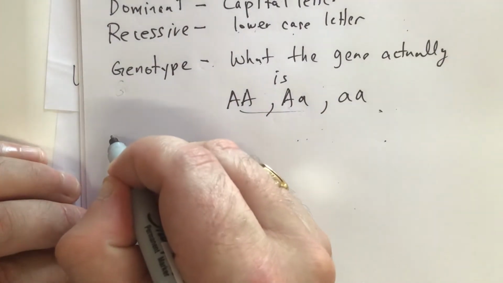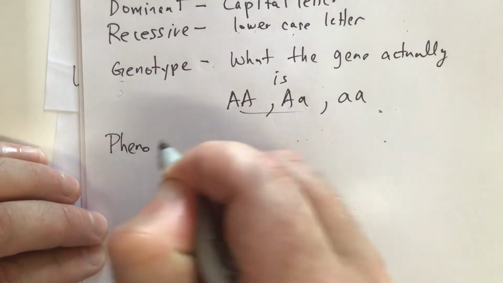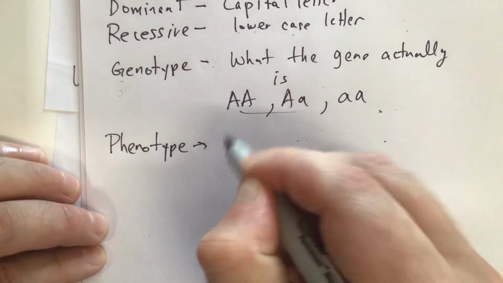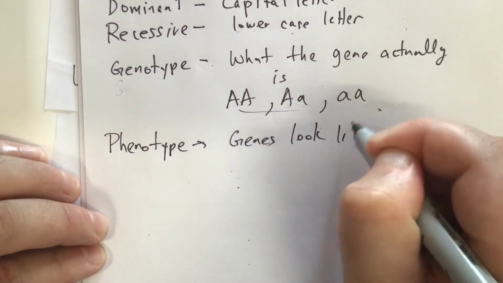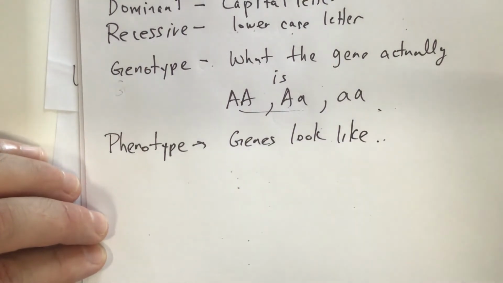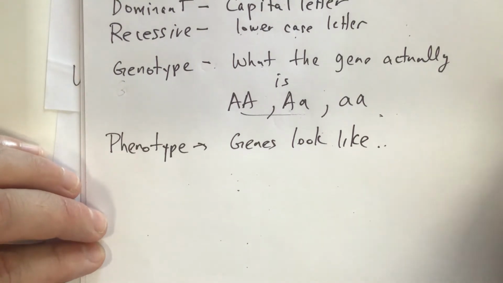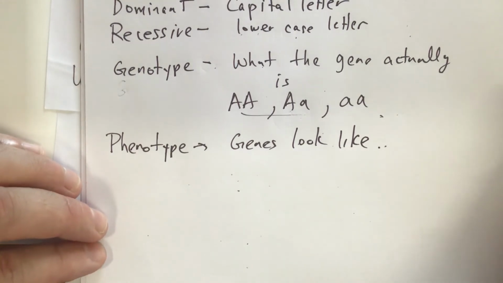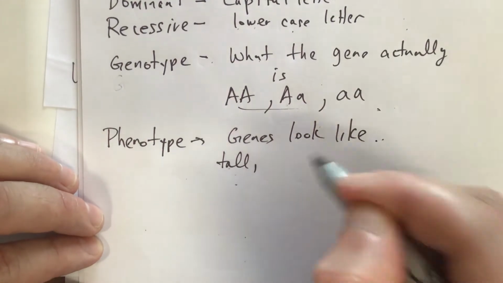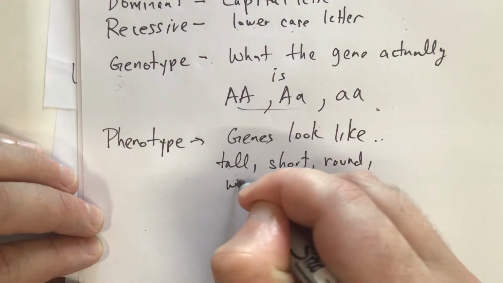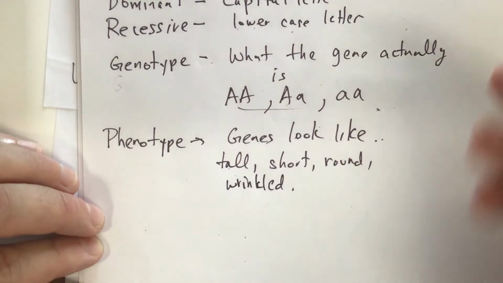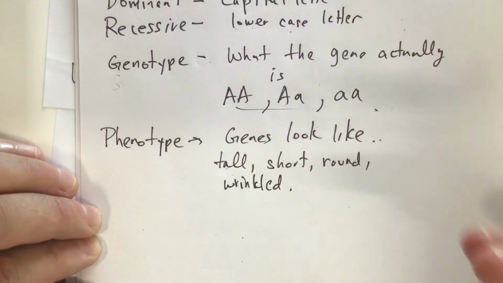This is contrasted to what the phenotype is, and this is what the genes look like. So whether it gives you brown eyes or blue eyes, whether it makes a plant short or tall, whether it gives the plant round seeds or wrinkled seeds, those are what the phenotypes are. So they can be things like tall or short or round or wrinkled. This is what it actually looks like. And there's a difference between the genotype and the phenotype.